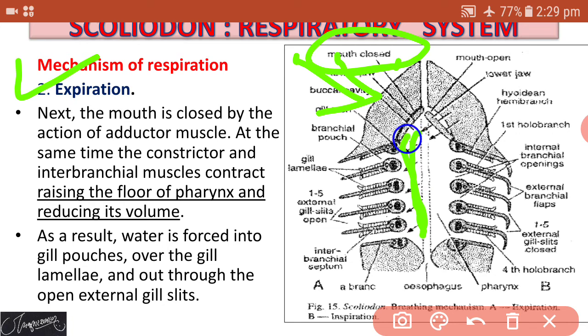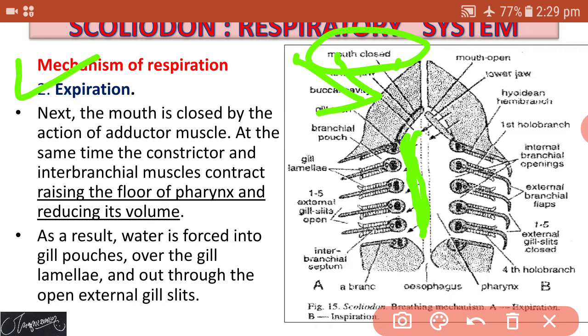Pressure is exerted over this buccopharyngeal cavity by the action of the adductor muscles. These adductor muscles have attachment with the lower jaw, and are also called mandibular muscles, which are attached to the lower jaw and are useful for closing the mouth.